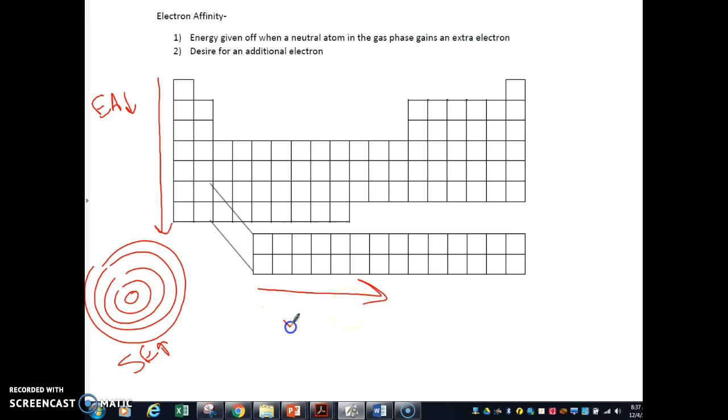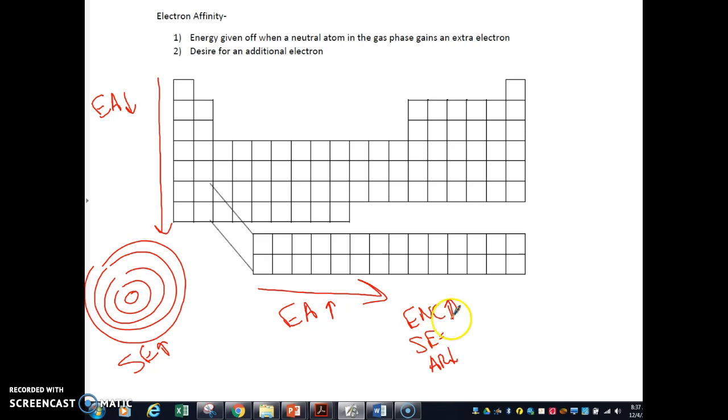Now, as you go left to right, electron affinity is going to increase. And again, what happens is the effective nuclear charge is increasing, right? You're adding electrons onto an energy level that already exists. The shielding effect is staying the same. Overall, the radius is going down.